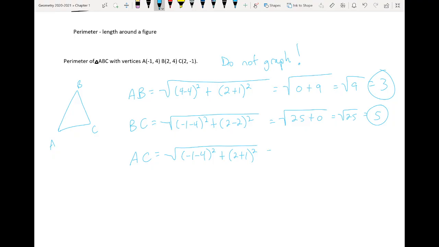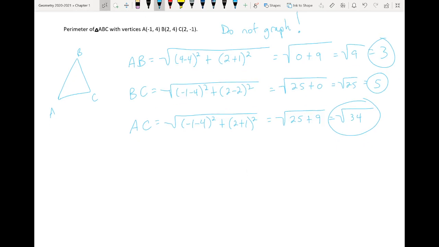Okay. What's that going to give me? Well, -5 squared is going to be 25. Plus 2 plus 1 is just 3 squared is going to give me 9. The square root of 25 plus 9 is going to be equal to the square root of 34, or rad 34. Gentlemen, that is not a perfect square. If you take the square root of 34, it's going to yield a non-integer answer. It will yield a decimal.